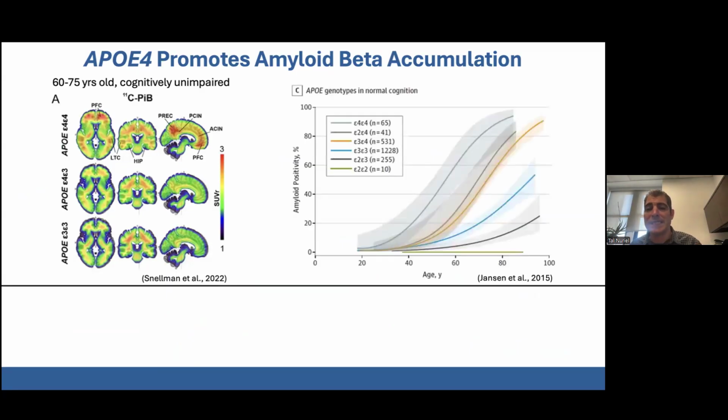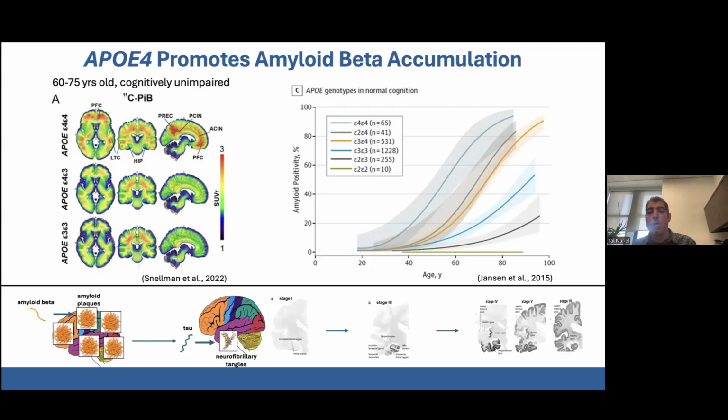Another way to visualize this is a big study that was looking at amyloid in the brains of people by their APOE genotype, showing that starting at an earlier age, APOE4 carriers accumulate more amyloid plaque in their brains.